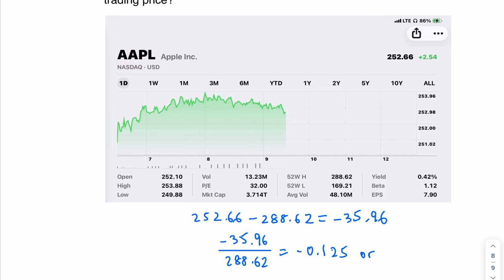If you change this to a percent, this is going to be a negative 12.5%, net change. So you could see that the price has dropped 12.5% relative to the 52-week high.